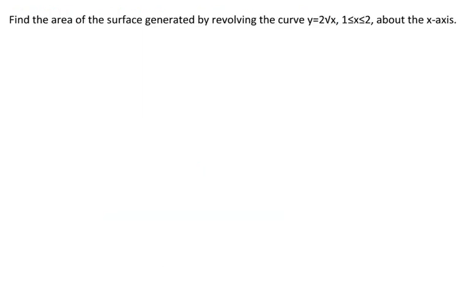In this example, we're going to find the area of the surface generated by revolving this curve, y equals 2 root x, about the x-axis over the closed interval from 1 to 2. So my surface area formula, remember, surface area equals that integral from A to B. In this case, A and B are going to be 1 and 2.